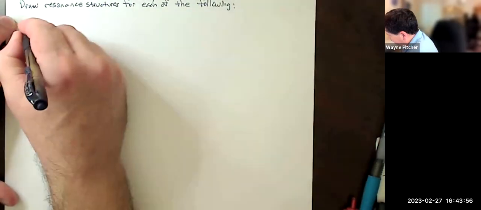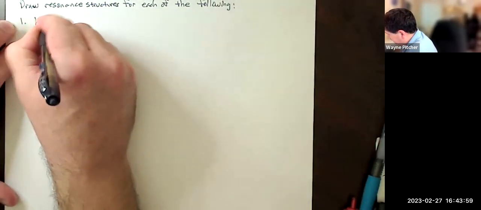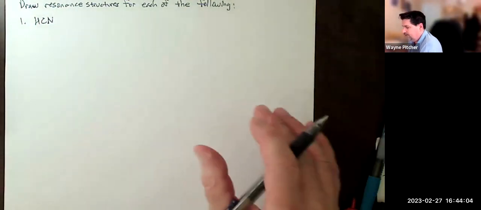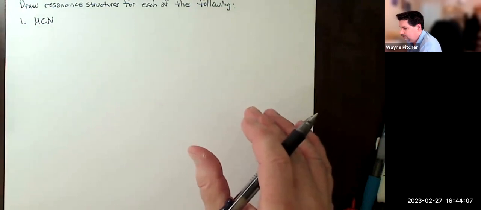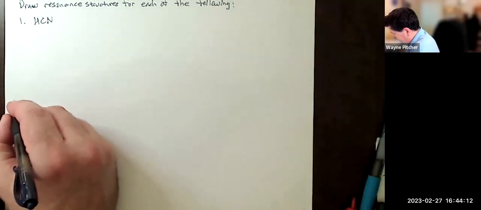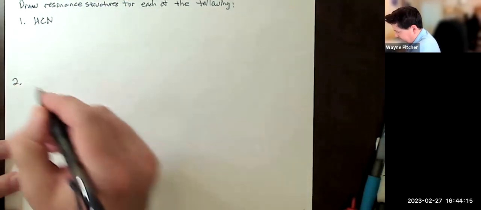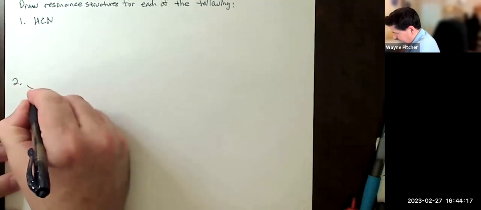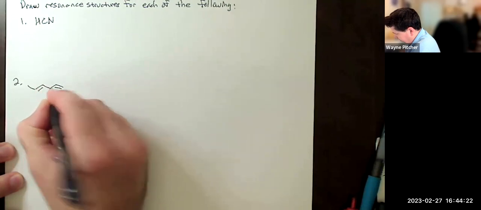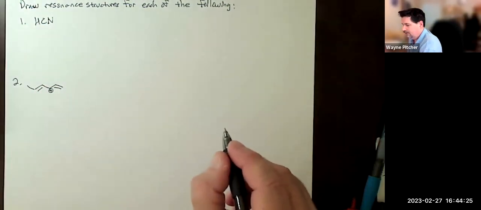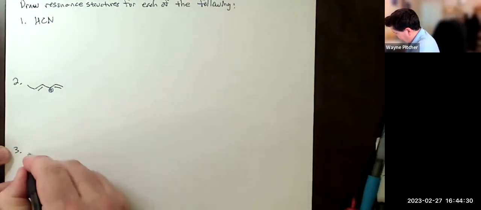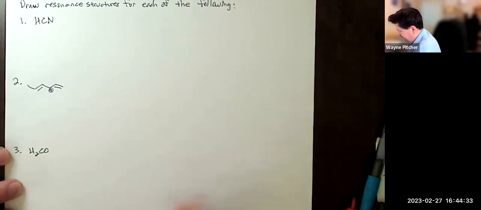So let's do HCN as 1. And let's see here. Let's do that guy there. And then maybe one more, and do H2CO.